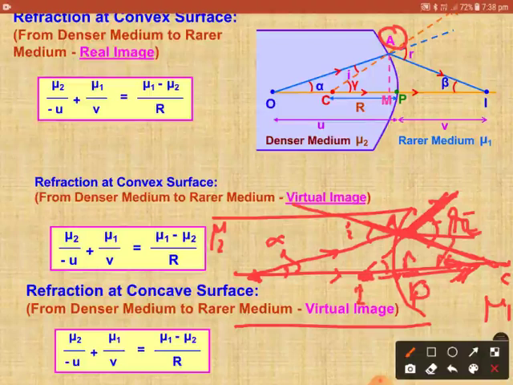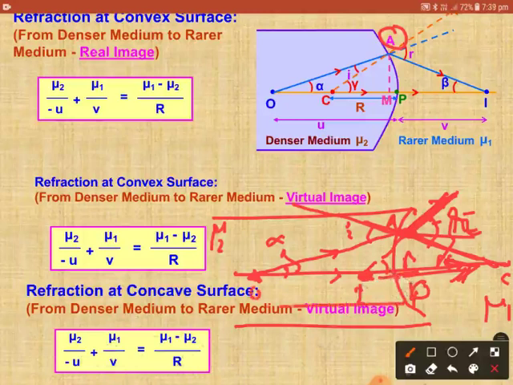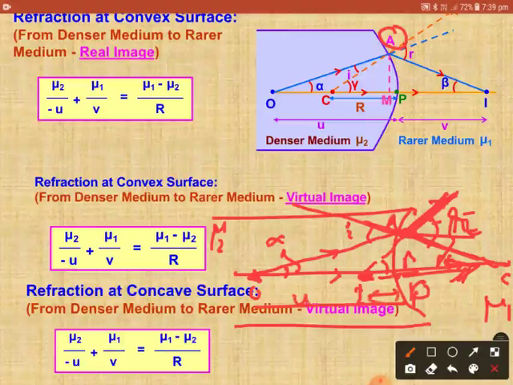Got it? So after doing as we have done, similarly you will get the same expression like this. Object distance O is here, so your object distance is this one, U. This will be your image distance, that means distance between the pole and the image here.